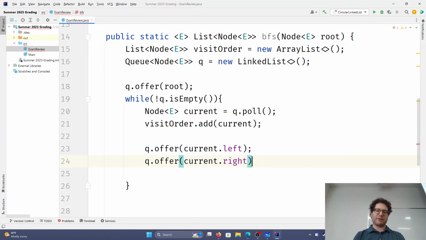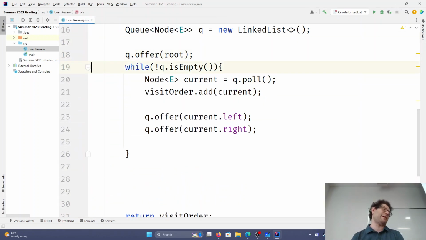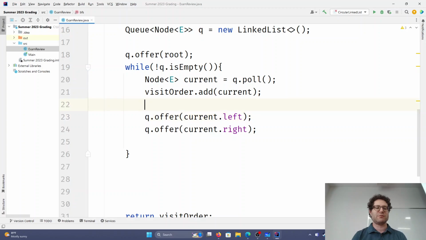Okay, now the only thing we have to worry about now is the fact that left and right can be null, right? So we have to deal with that somewhere, right? We can either deal with it over here. When we offer something to the queue, before we add it, we can do an if statement saying, hey, if current.left is null, don't add it. That's one way to do it.